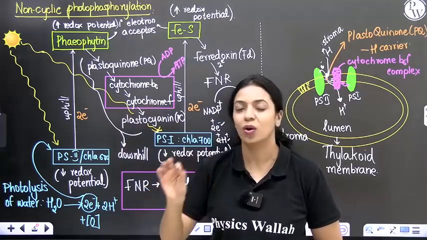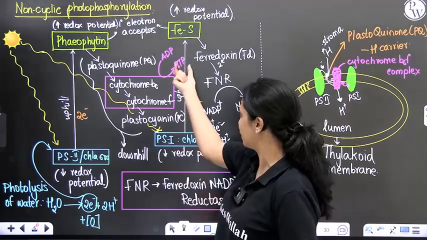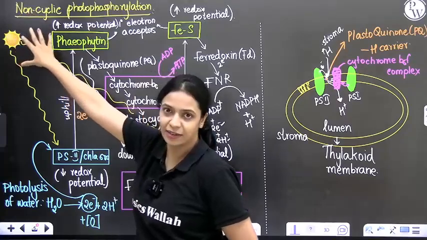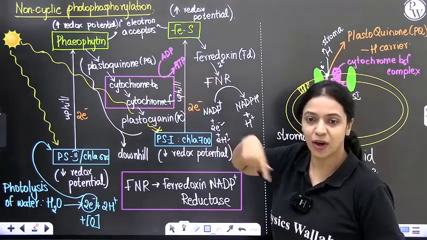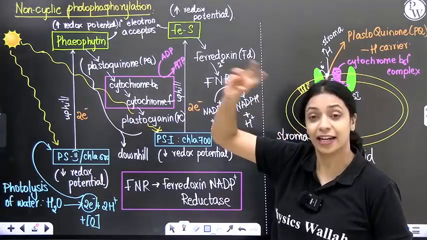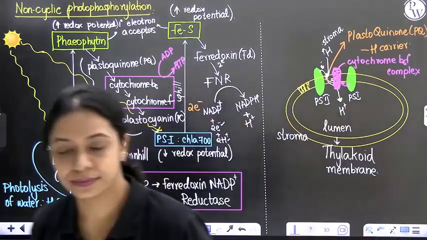That's why it's called non-cyclic photophosphorylation. Why are we calling this photophosphorylation? In this process, ATP is produced. What gave the energy for formation of ATP? Sunlight gave it. So, we're calling it photophosphorylation. Why non-cyclic? Because the electrons are not returning to the same photosystem. Okay?